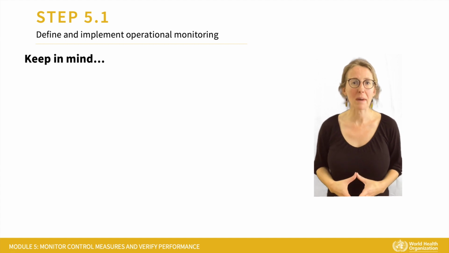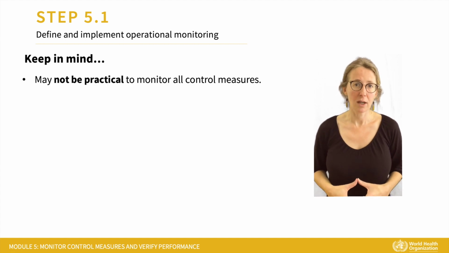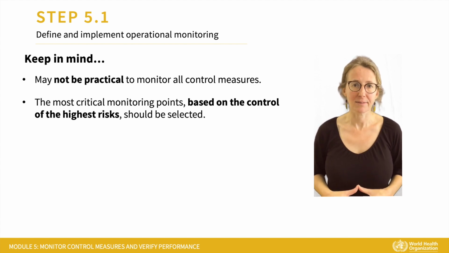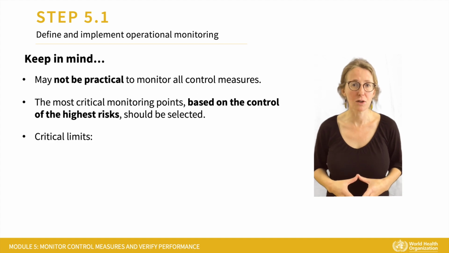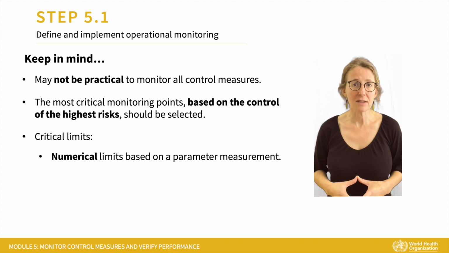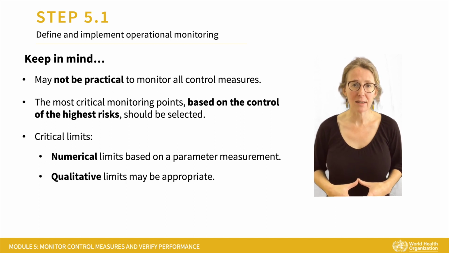Monitoring all control measures is often not practical, so the most critical point, based on the control of the highest risks, should be selected. Critical limits are usually numerical limits based on the parameter measurement. In some cases, qualitative limits are appropriate.